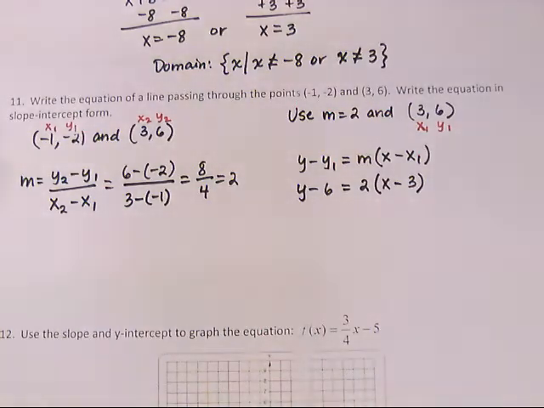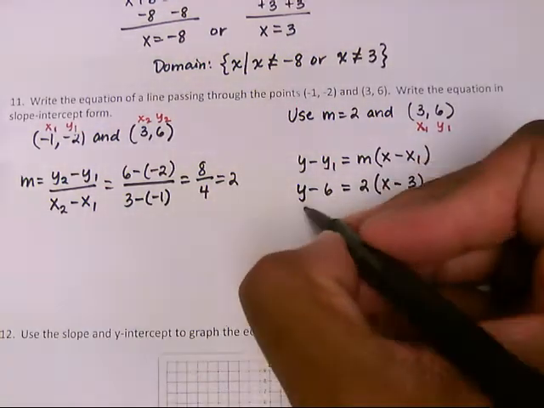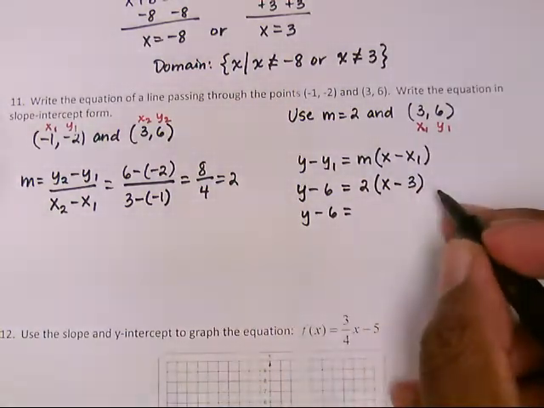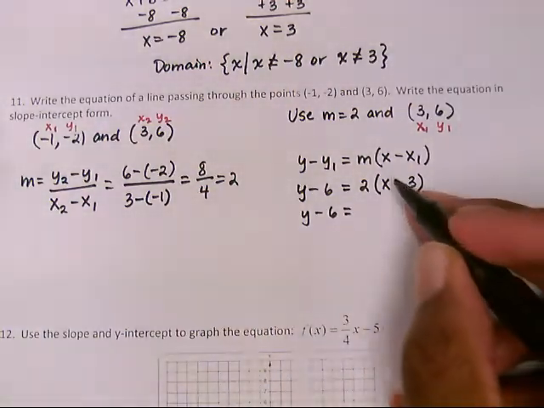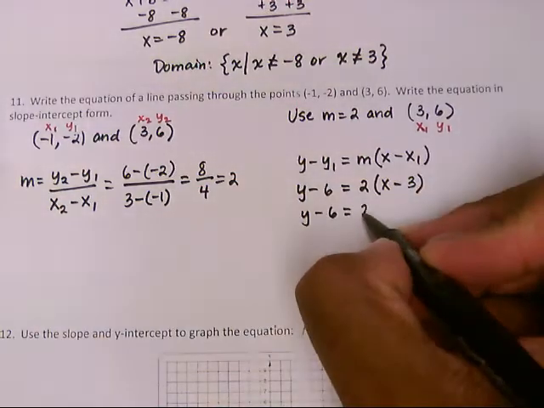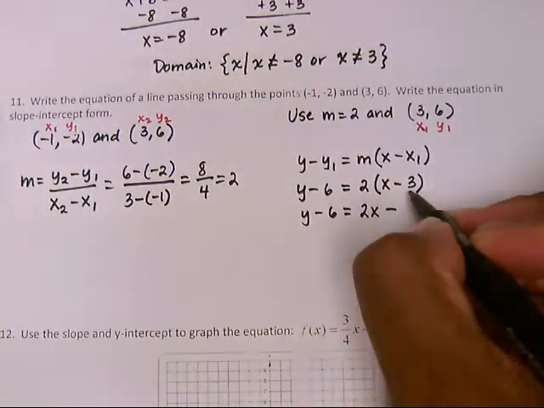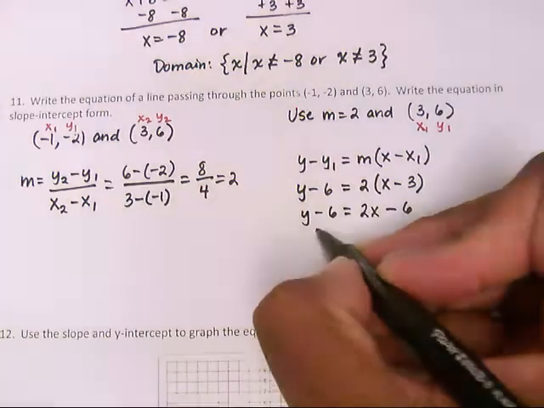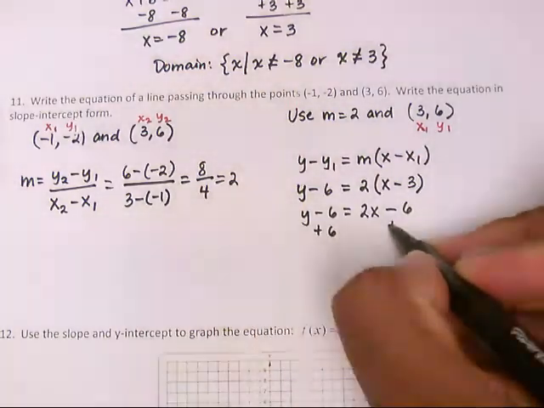And then we're going to solve this equation for y. So if I bring down the y minus 6 equal the right side, use of distributive property, you're going to get 2 times x, which is 2x, minus 2 times 3, which is 6. So I got y minus 6 is equal to 2x minus 6. Well, to solve for y, I need to add 6 on both sides.